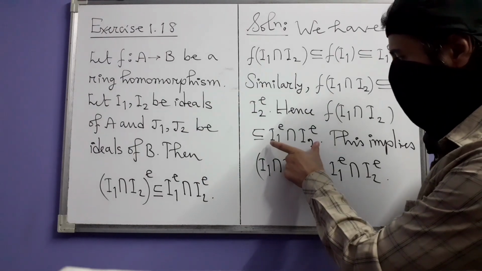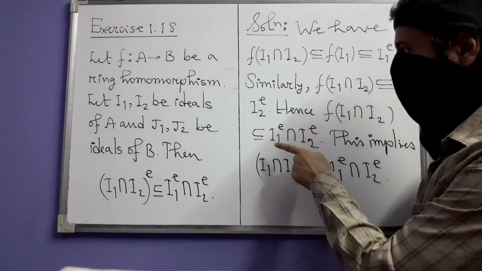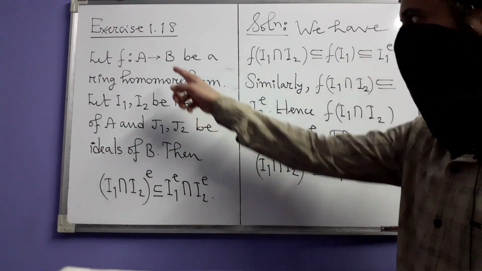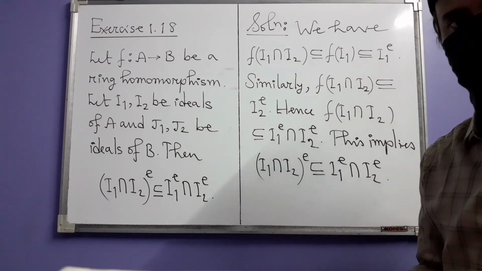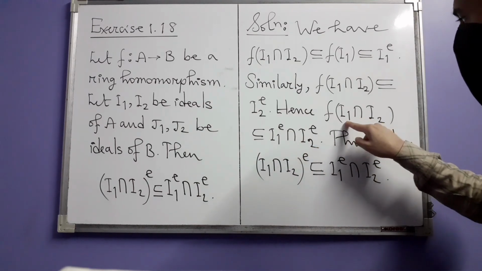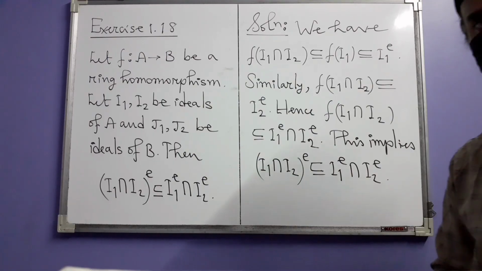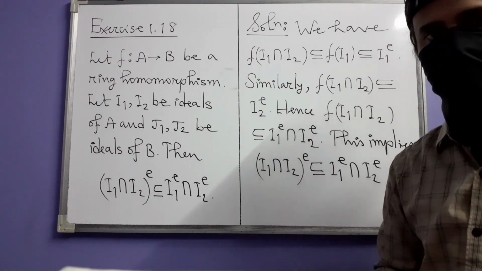Now, what can you say about this intersection? Each extension is an ideal in B. So their intersection is of course also an ideal in B and it has the property that it contains the F image of I1 intersection I2. And what is the definition of this extension of I1 intersection I2?